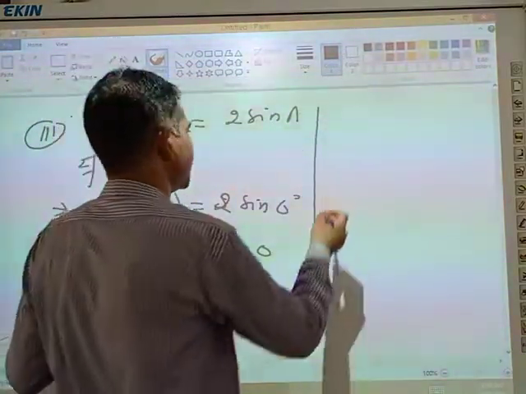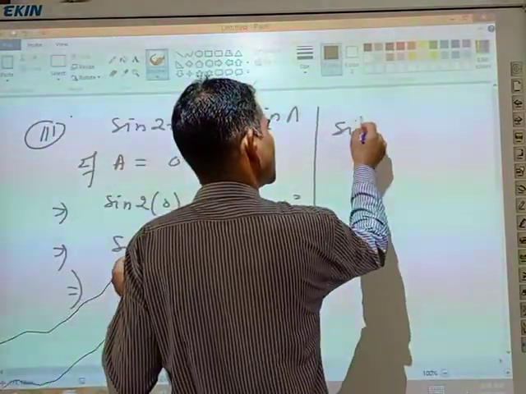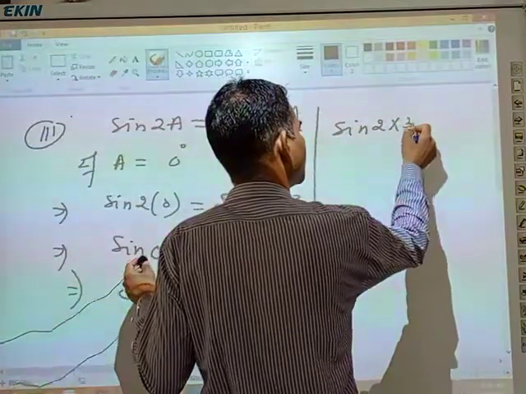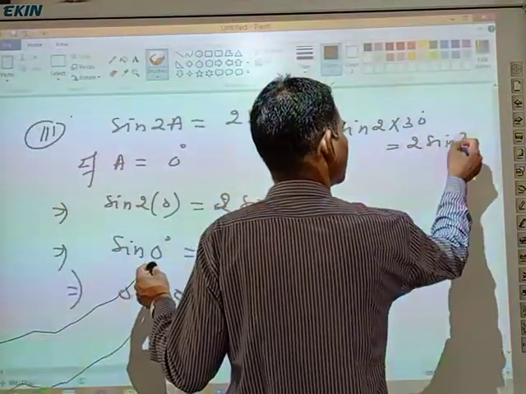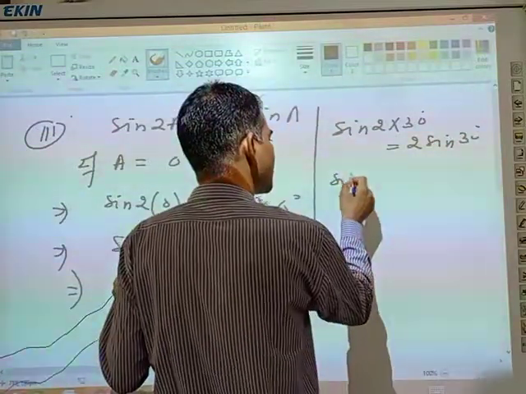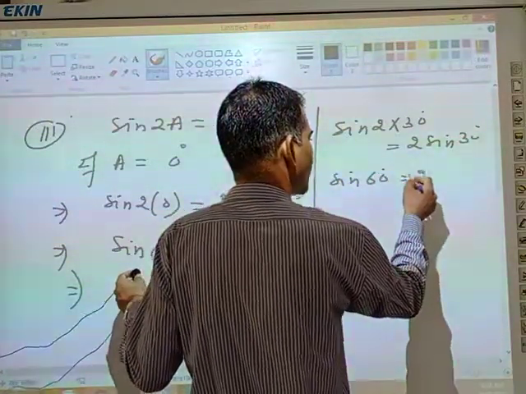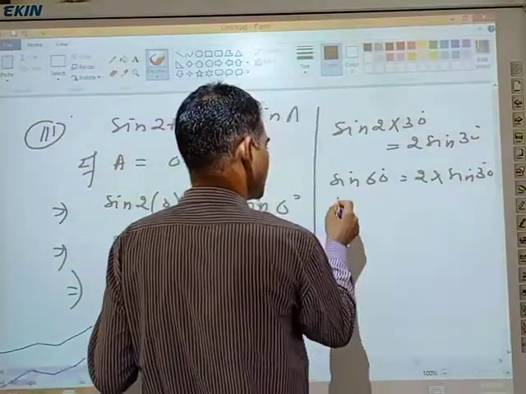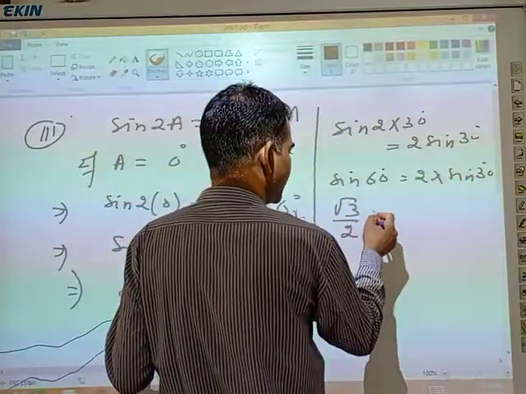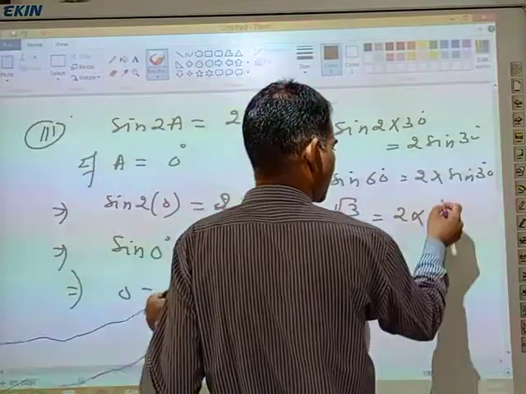Sin 2a and your 30 degree. A is 30 degree. 2 sin of 30 degree. It becomes sin 60 degree and twice of sin 30 degree. Sin 60 is root 3 by 2, and 2 sin 30, sin 30 is 1 by 2.